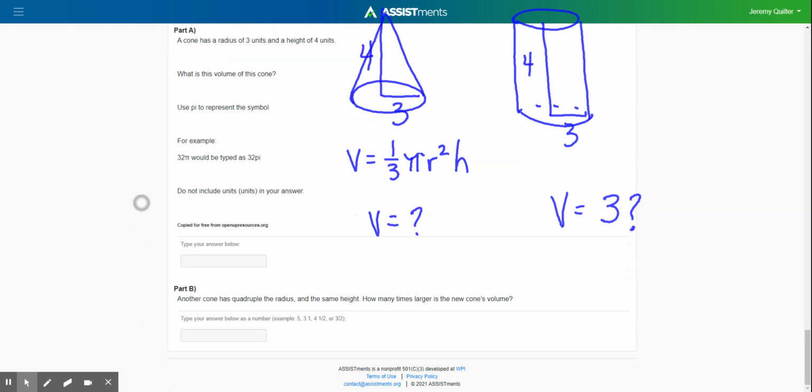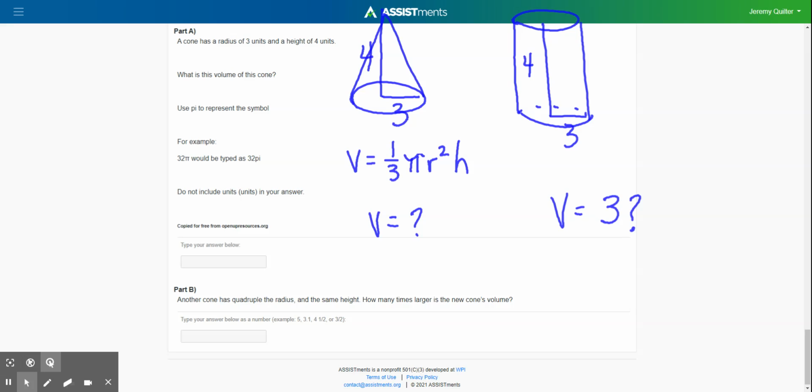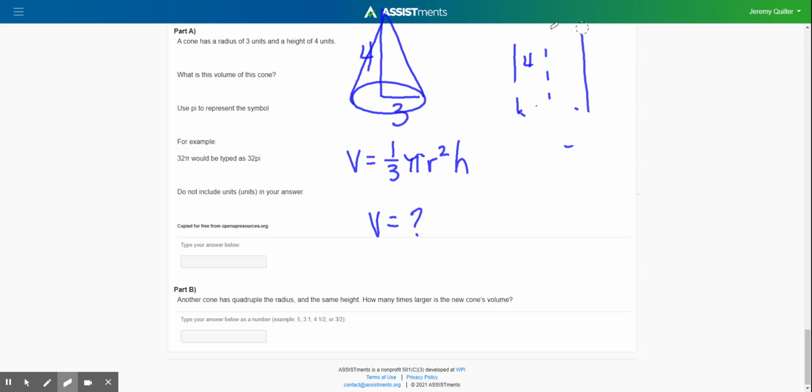So if we go through the final question here: quadrupling the radius but keeping the same height, how many times larger is the new cone's volume? Well, thinking about that new cone's volume, if we're going to quadruple the height, what kind of effect does that have on the total volume?